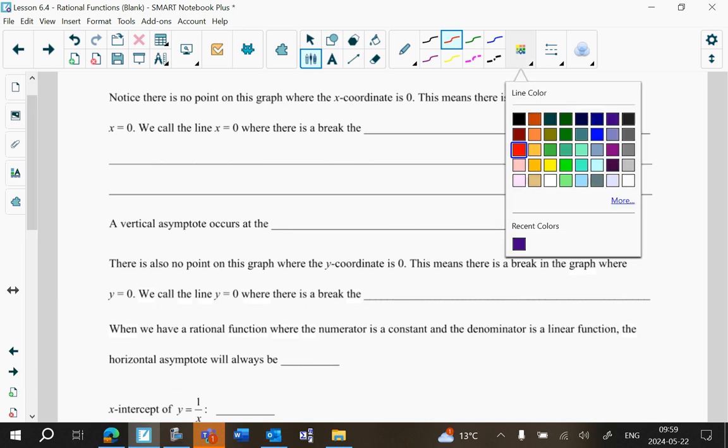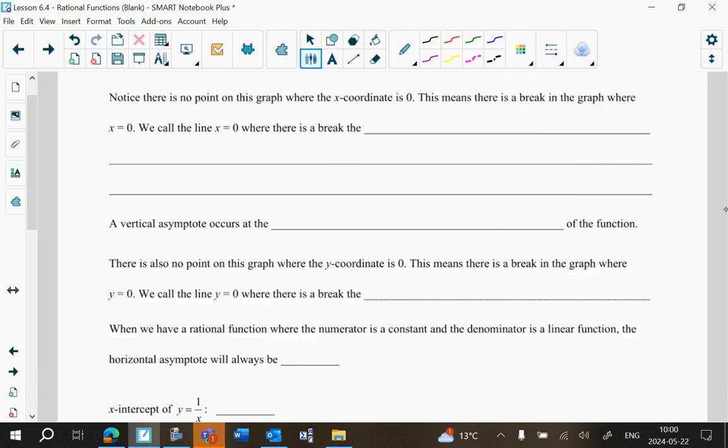Okay. We saw there was no point on the graph where the x coordinate is 0. When we tried to plug in 0, we got undefined. That means there was a break in the graph at x equals 0, or the y-axis. X equals 0 is also the y-axis. Okay?